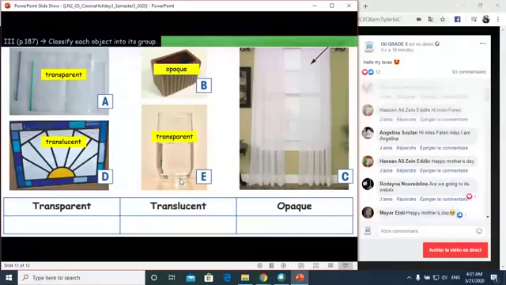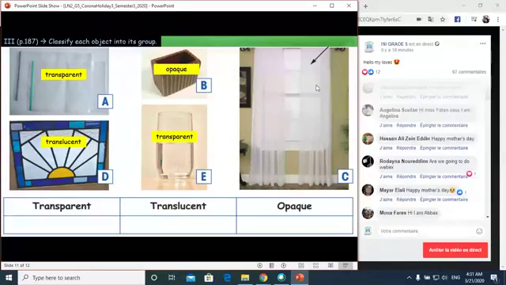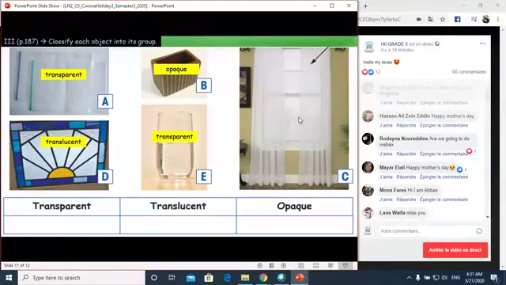C, last one, the curtain. Is the curtain a transparent object, translucent object, or opaque object? It's translucent, right Danny. Bravo Sireen. Asil excellent. Bravo Hadi.